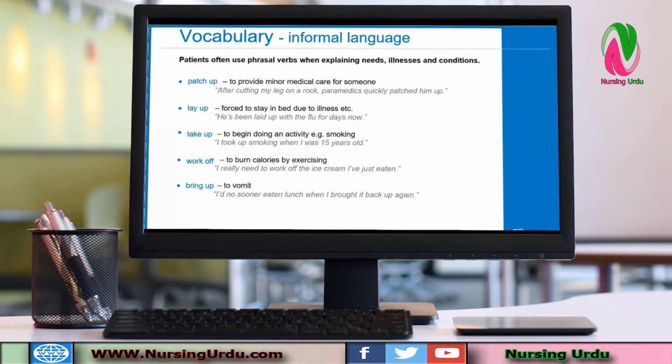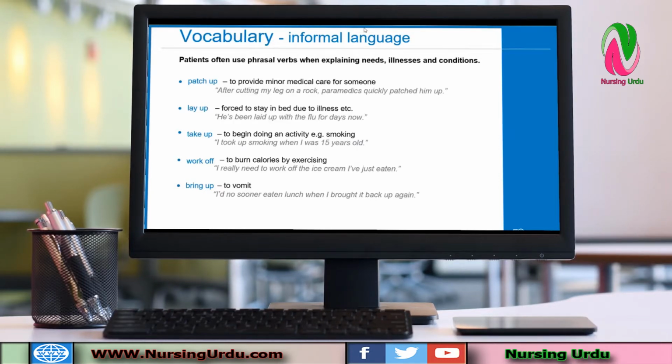It's really important to remember that phrasal verbs in English, depending on the context in which they're used, might have a few different meanings. So to bring my food up, here, is when we're talking about vomiting.